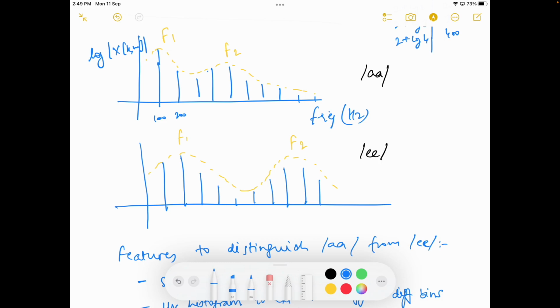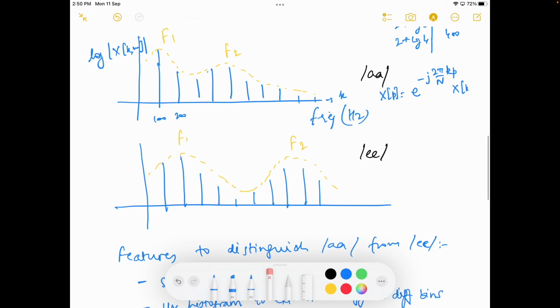Let's say this is my signal. I multiply this with e to the power minus j, this is k here. Let's ignore m for the time being, we are considering single window only.